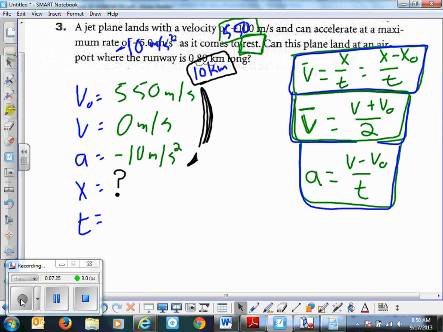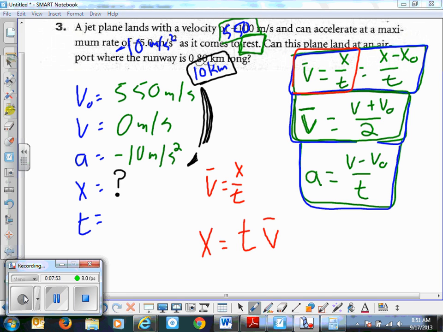Okay, so now you need to look at your formulas and look at what you have. So really what we're going for here is this, right? Because we have a velocity equals displacement per time, average velocity, or our displacement is time times average velocity. You agree with that?